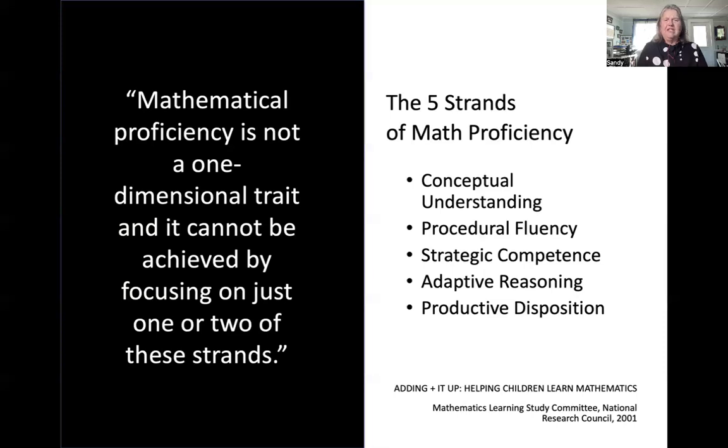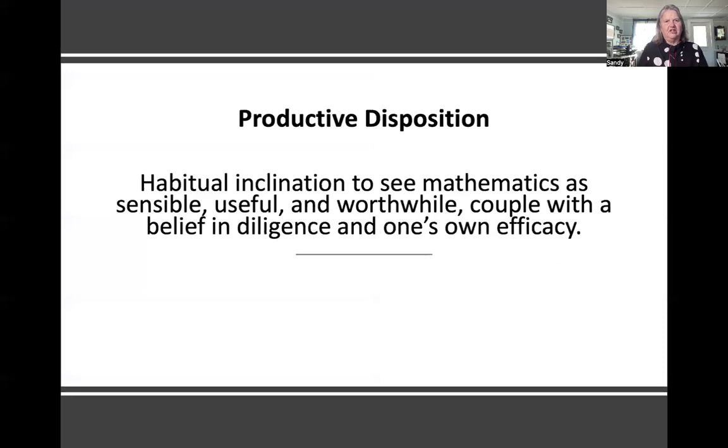That adaptive reasoning understands how someone else is thinking, how they're thinking, notices patterns, and then this productive disposition. So it's that whole idea of: I know math makes sense, it's useful, it's worthwhile, and if I stick with it long enough, I can work through it because it should always make sense.